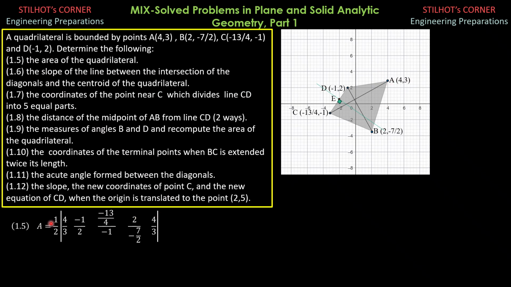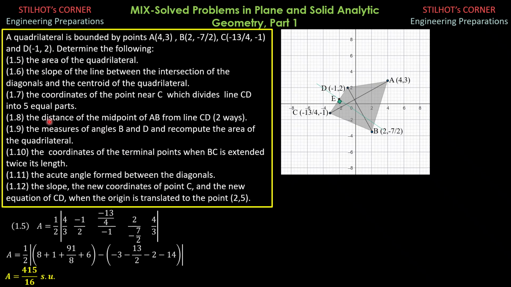So area is 1/2 of quantity 8 plus 1 plus 91 over 8 plus 2 times 3, 6, then minus quantity negative 3, negative 13 over 2, negative 2, negative 14. So simplifying, area is equal to 415 over 16 square units.